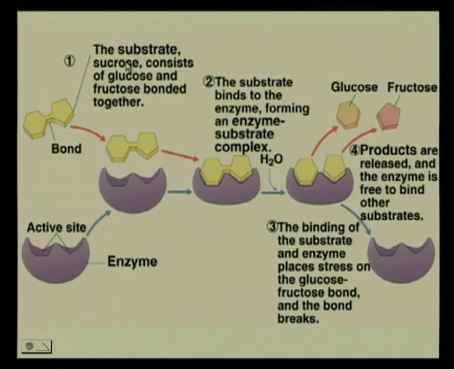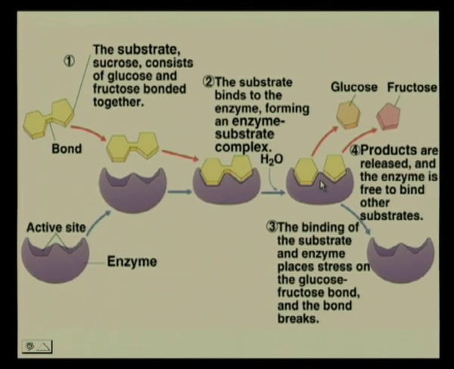So, the substrate binds to the enzyme. What do we form? The enzyme substrate complex. Then what happens? We have a hydrolysis that occurs and we have the breaking of this bond. That is an enzymatic mechanism which we do not have to consider right now.